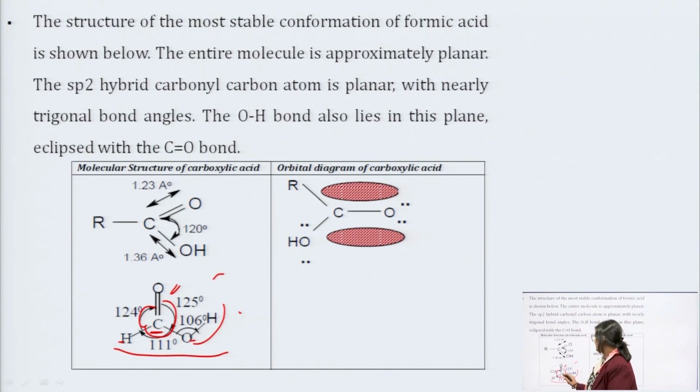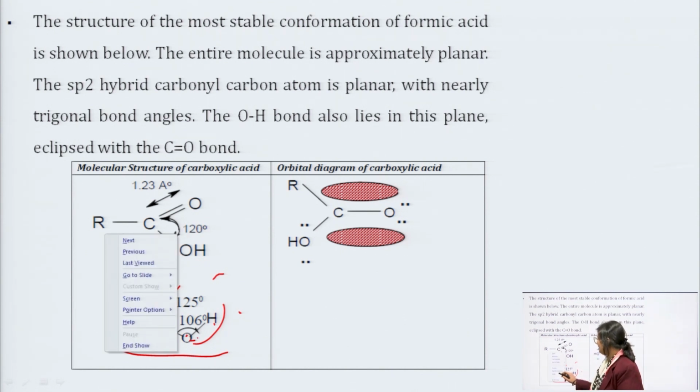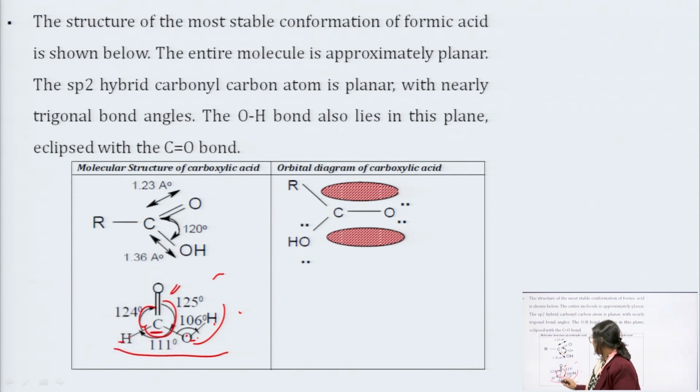You can see here the bond angle between the OH bond is 106 degrees, whereas the hydrogen and oxygen bond is 111 degrees. The bond here is around 124 degrees, and the angle around the carbonyl group is 125 degrees.